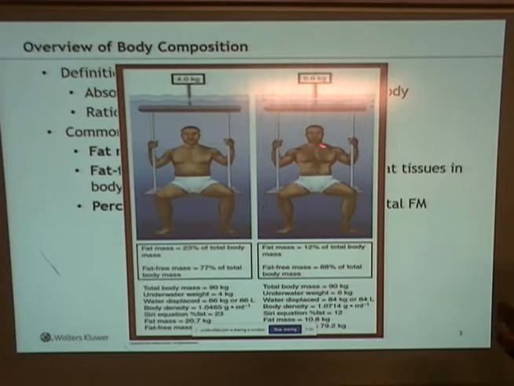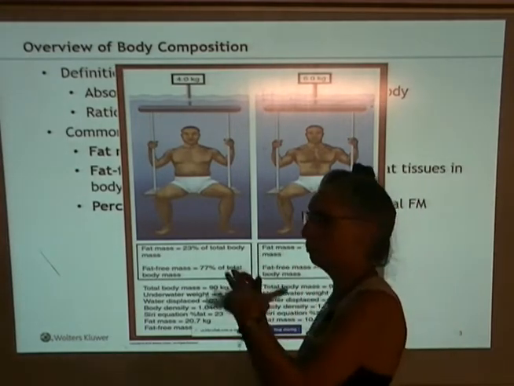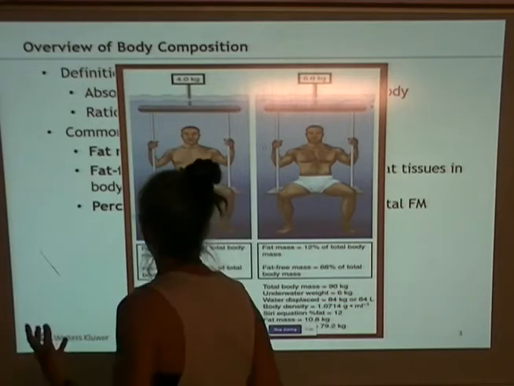So he's got significantly more muscle mass versus the first man, right? Even though they weigh the same, body composition and performance would be totally different, okay?